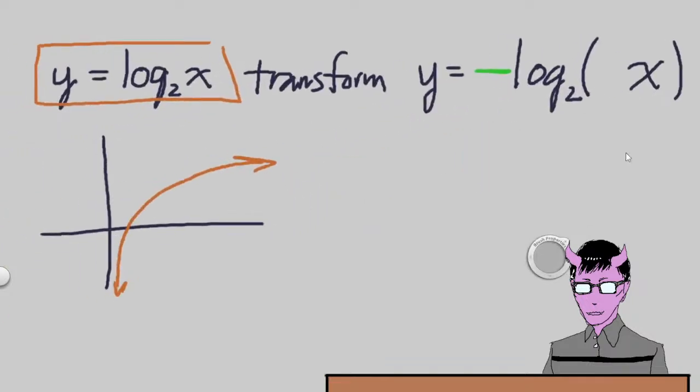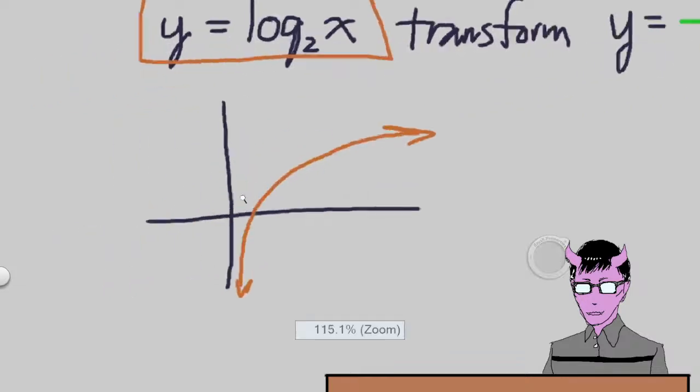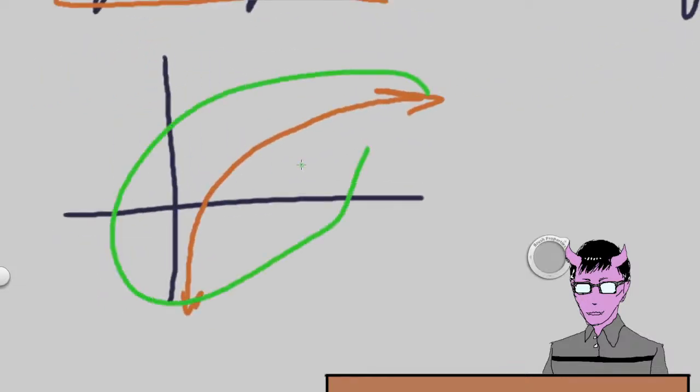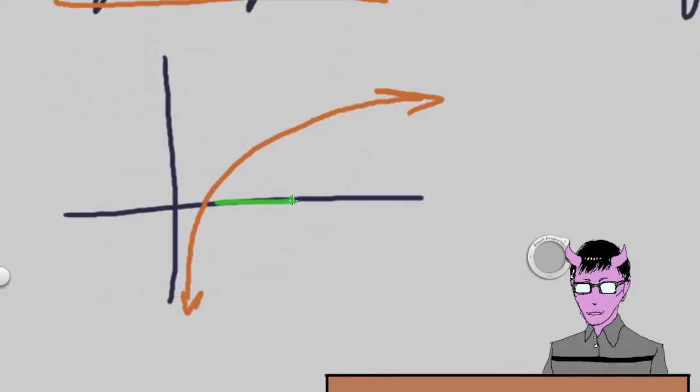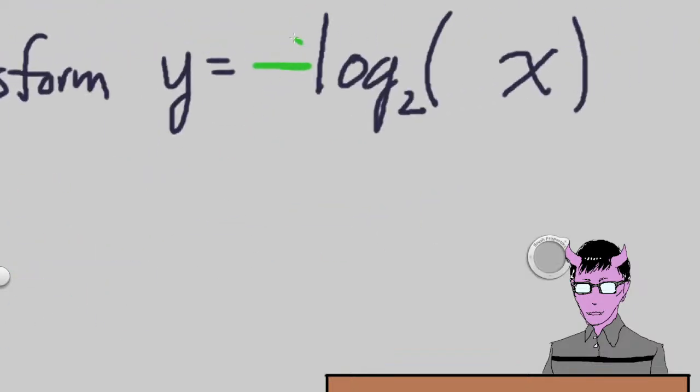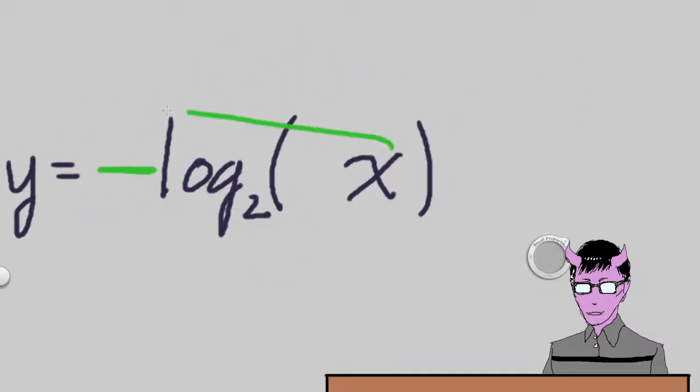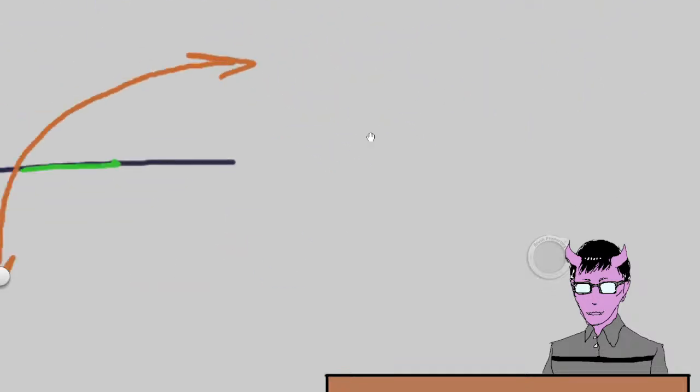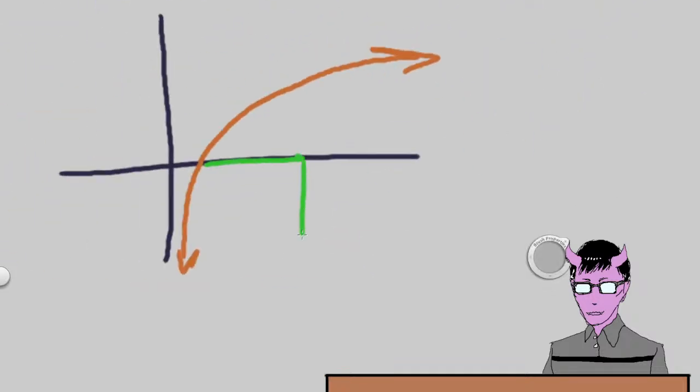So what that means is, if this is the parent function and you input a positive x value, you get this positive y value. That's the standard parent function. But if you put the same x value into this reflected function, you get the same size y value, but it's negative.